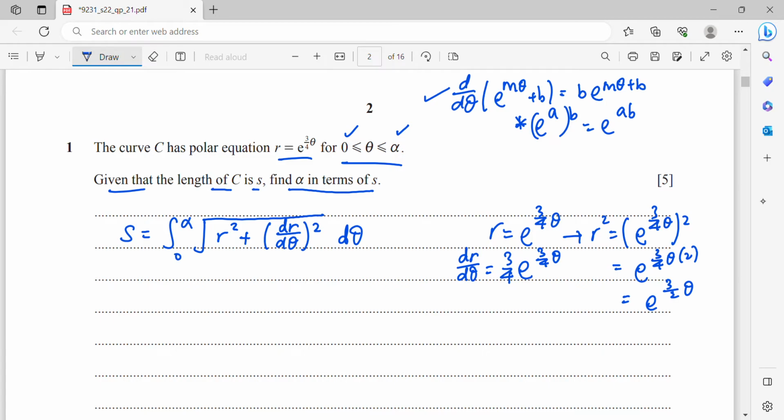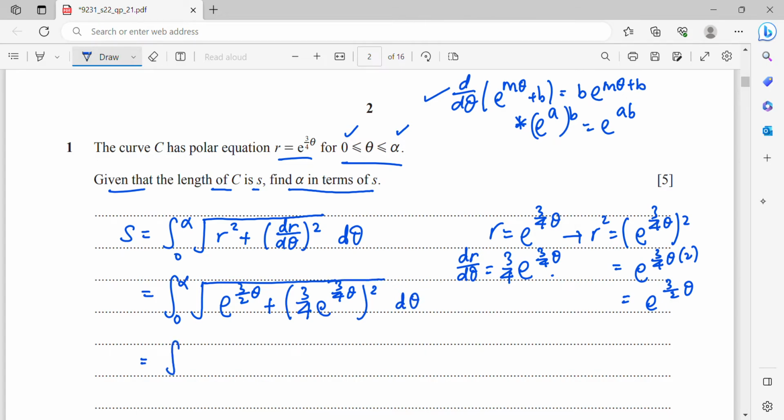From here, I will substitute my r squared, which is e to the 3 over 2 theta, plus the square of dr d theta. So I'm going to square this: 3 over 4 e to the 3 over 4 theta, squared, d theta.